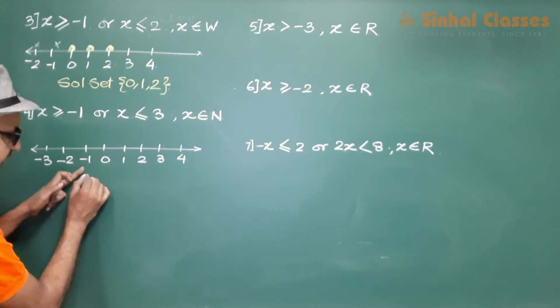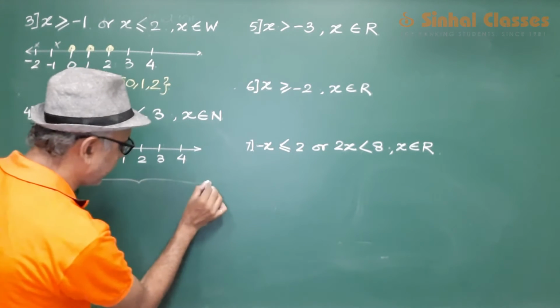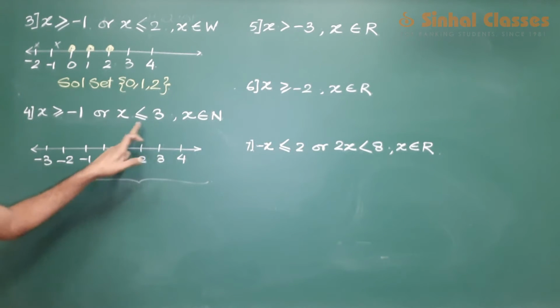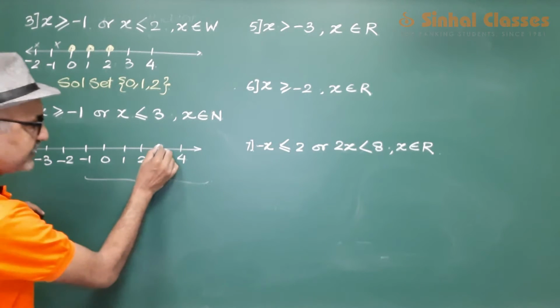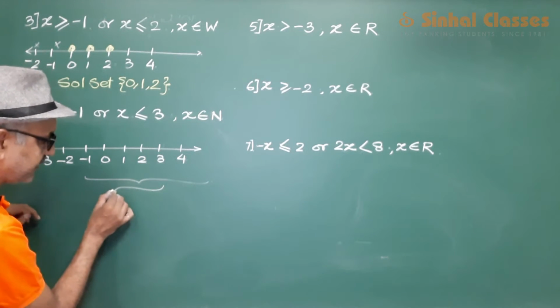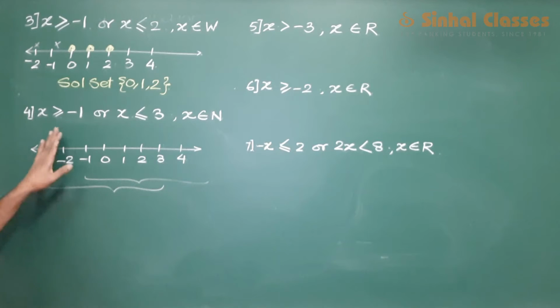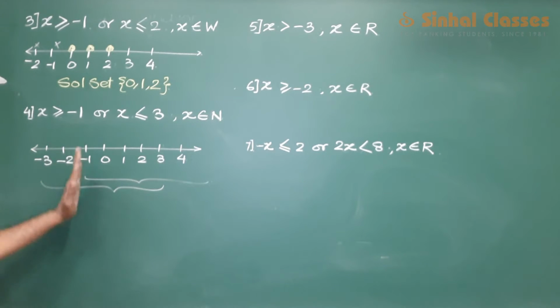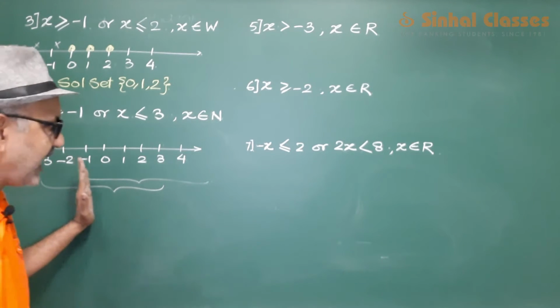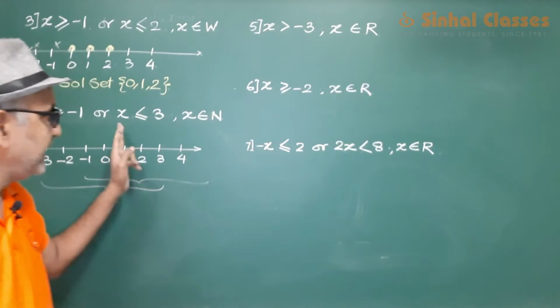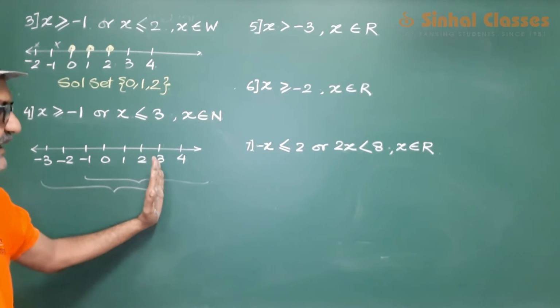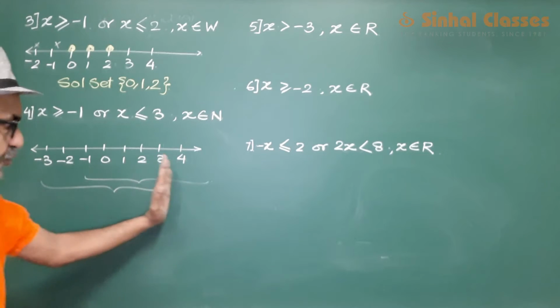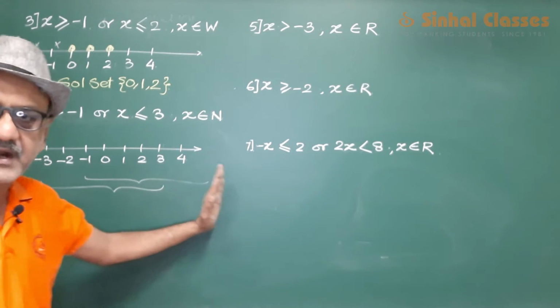If it is greater than or equal to minus 1, it should start from here. X is lesser than or equal to 3. So it should start from here. ग्रेटर देन और -1 मतलब -1 से स्टार्ट करके आप राइट में जाओगे. लेसर देन और इक्वल टू 3 मतलब आप 3 से स्टार्ट करके लेफ्ट में आओगे. जो छोटा है वो लेफ्ट में, जो बड़ा है वो राइट में.